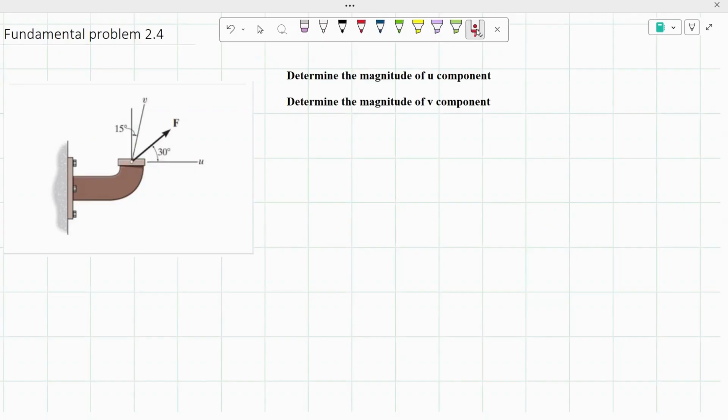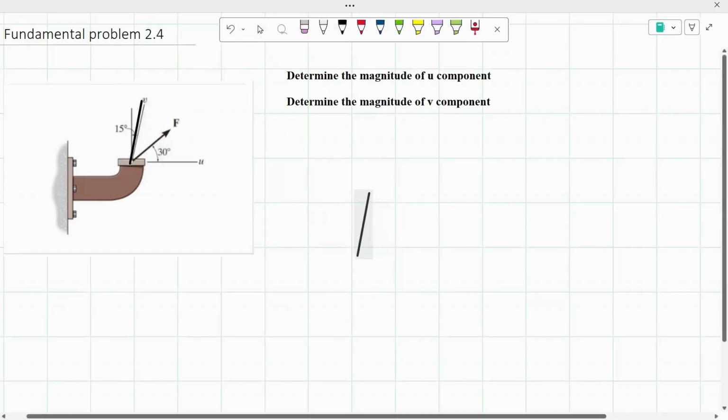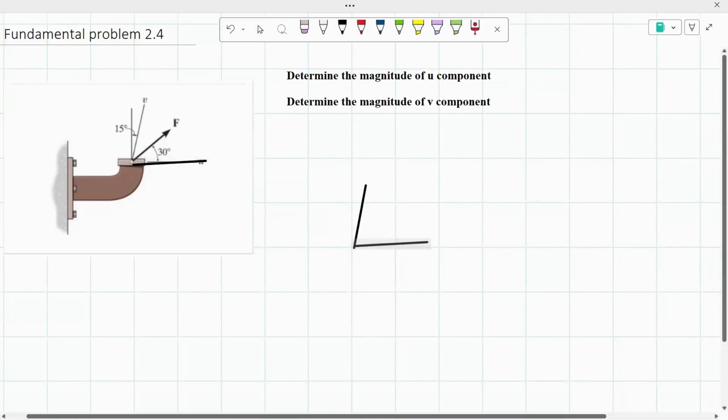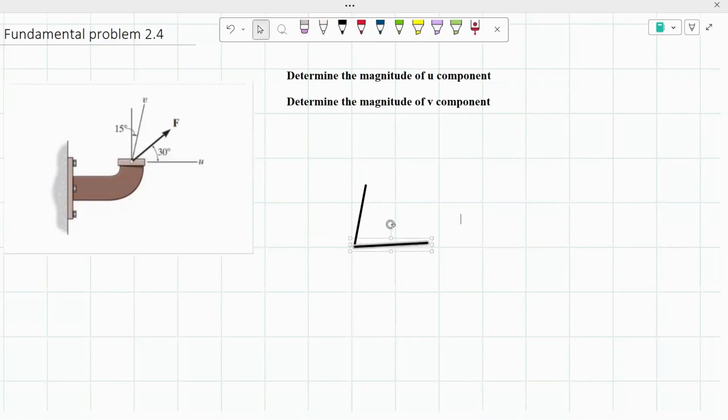So the first thing that I like doing, as we do in every other video, is I like taking the two forces that are given to us and drawing them off to the side. And once we have those drawn off to the side, we're just going to draw this force right here on this side, and then we're going to take this force right here and draw it on this side.